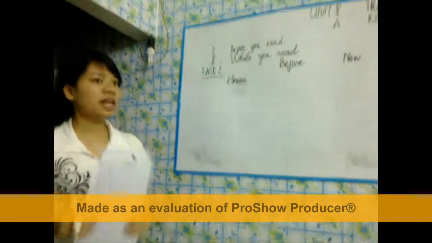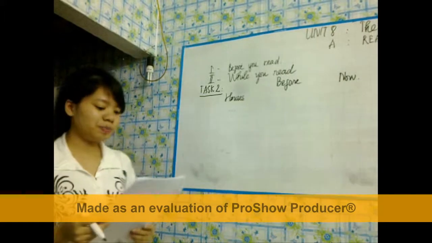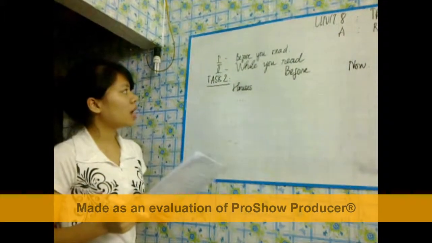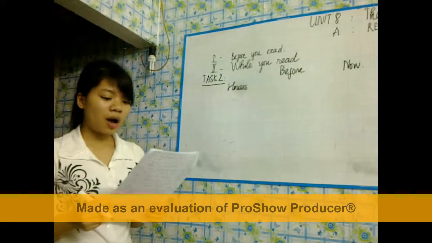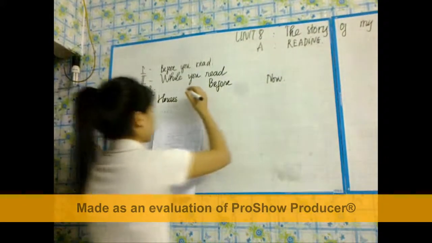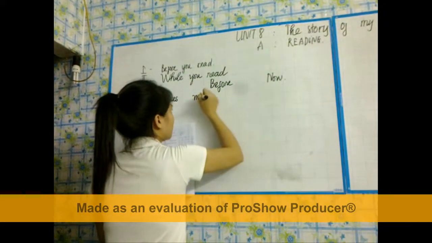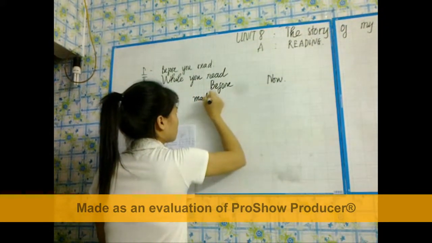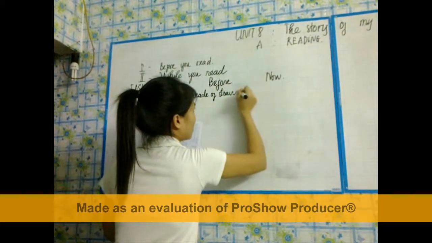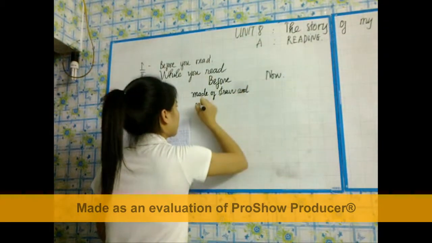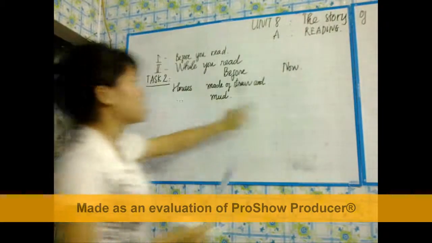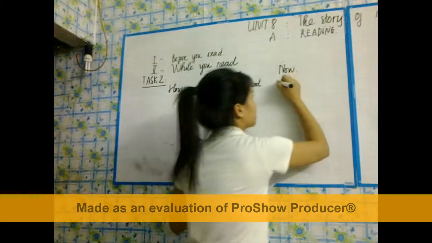So now let's check together. House. How was it made before? Made of straw and mud. And now the house is made of brick. Yes.